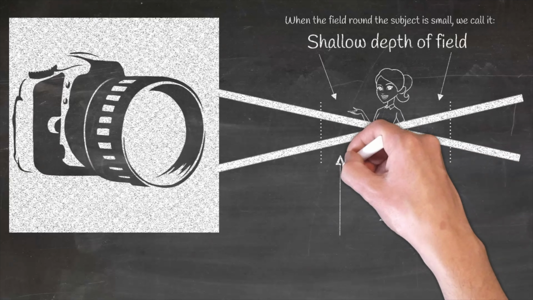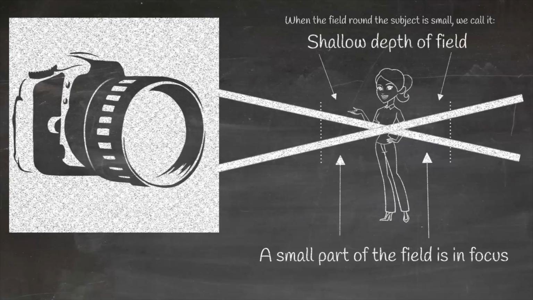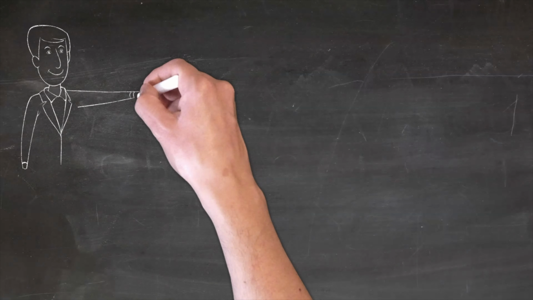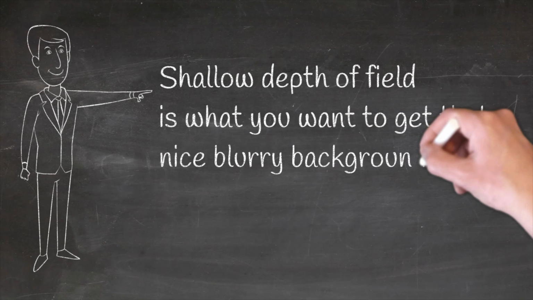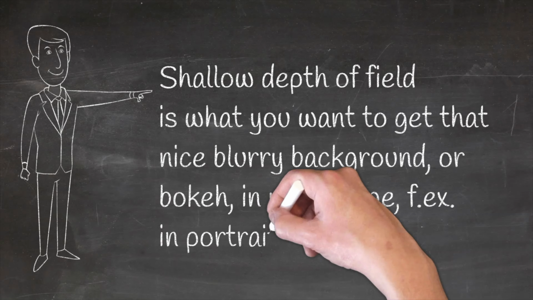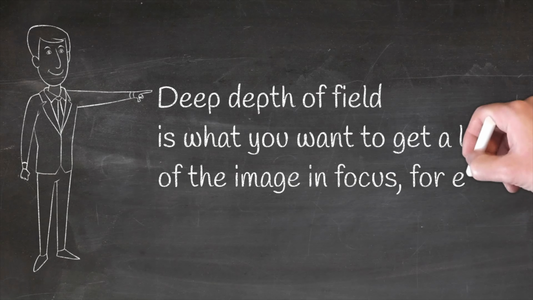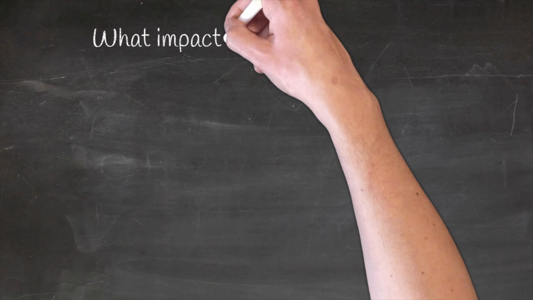That means there is only a small part of your image that's in focus. Shallow depth of field is what you want to get that nice blurry background or bokeh in your image, for example in portraits. Deep depth of field is what you want to get a lot of the image in focus, for example in landscape photos.